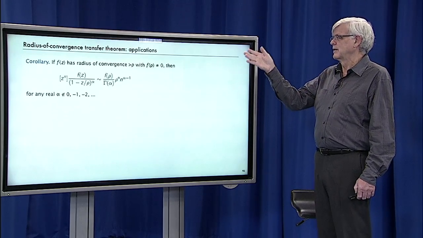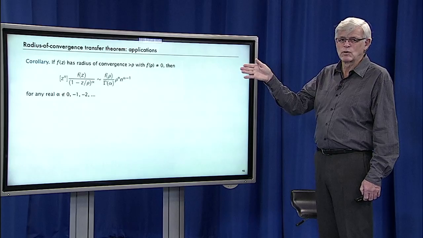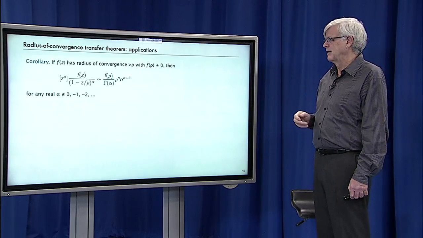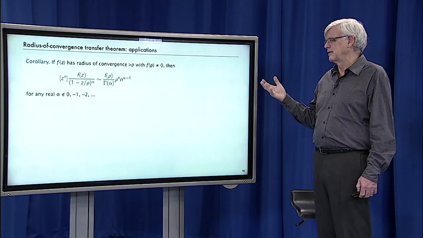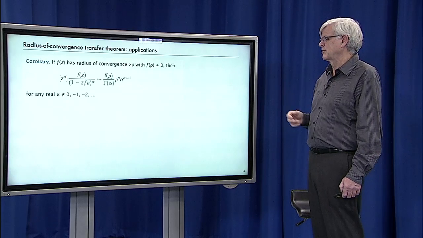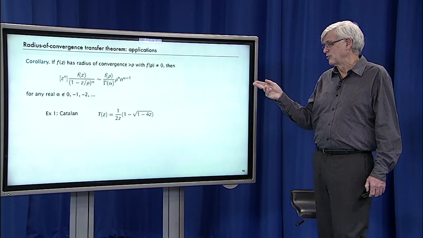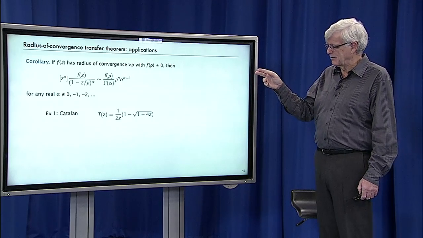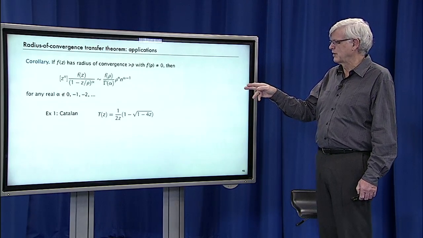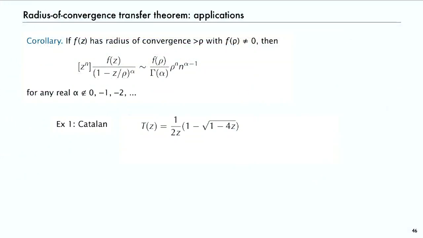So that's the theorem. If we have a generating function of that form, we know the asymptotics. And that applies to the two major problems that we've talked about so far in this lecture. For Catalan numbers, T of z equals 1 over 2z times (1 minus the square root of 1 minus 4z). There's a tiny complication because the first term has to cancel out.